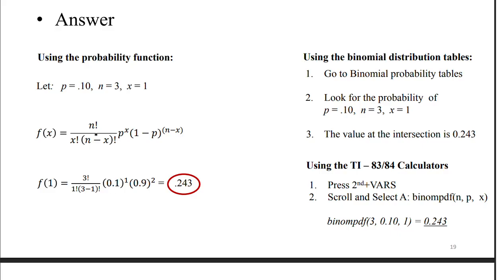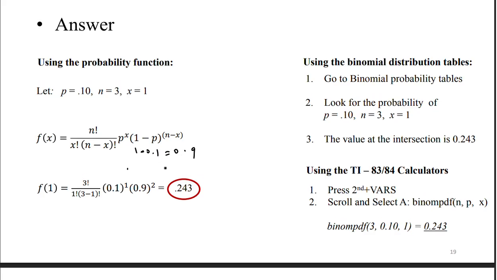Remember, p is 0.1, so 0.1 to the power of 1, times 1 minus p. 1 minus 0.1 gives us 0.9. So we take 0.9 to the power of n minus x, and n minus x is 3 minus 1, which is 2. So when we solve this, we get 0.243.